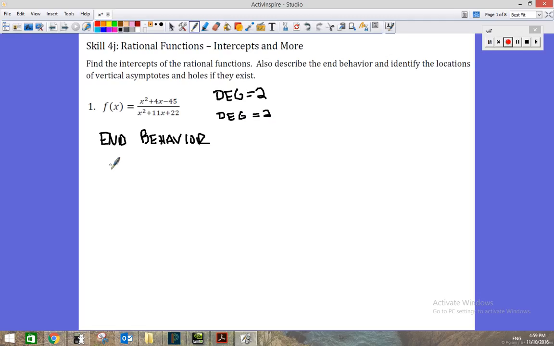So the end behavior is a horizontal asymptote. Always give an equation. It's the line y equals, well, when the degrees are equal, it's a ratio of the leading coefficients, and 1 divided by 1 is 1.